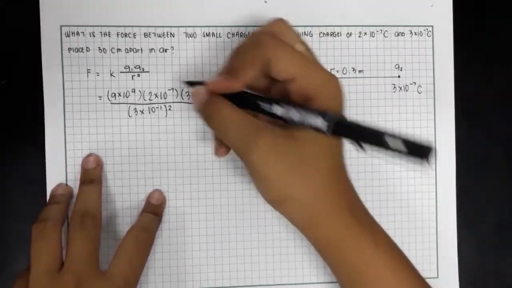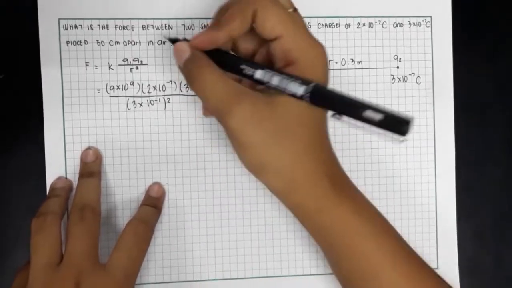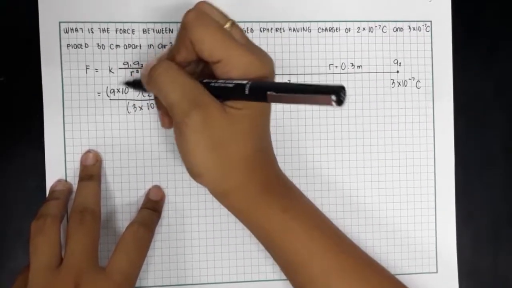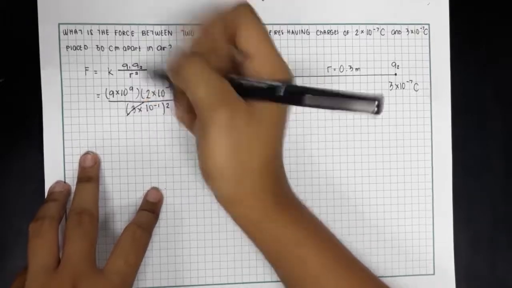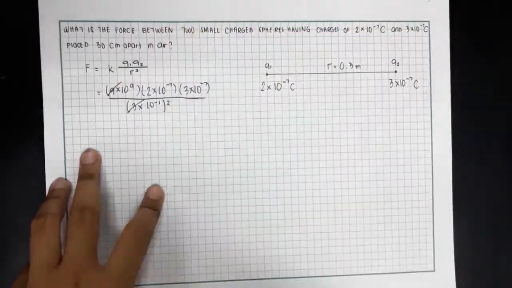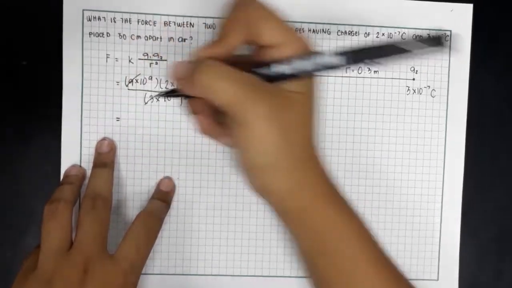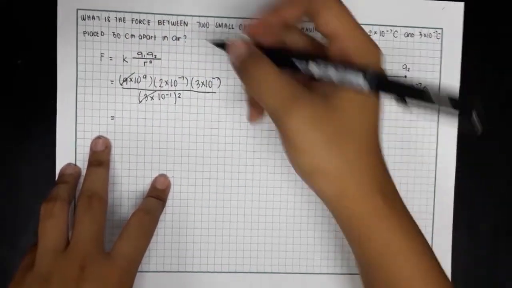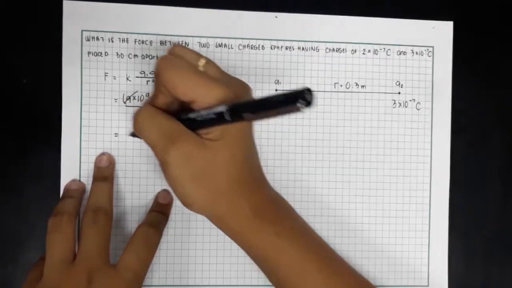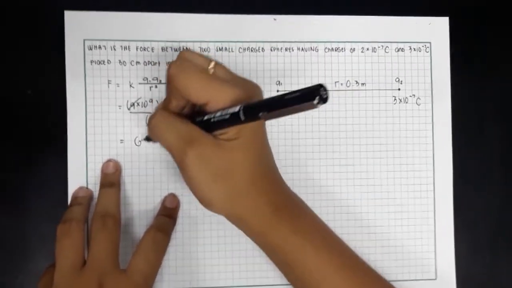Now, first, the 3 squared is equal to 9, so it will be cancelled like this. Then, the next step is to multiply 2 and 3, which is 6.